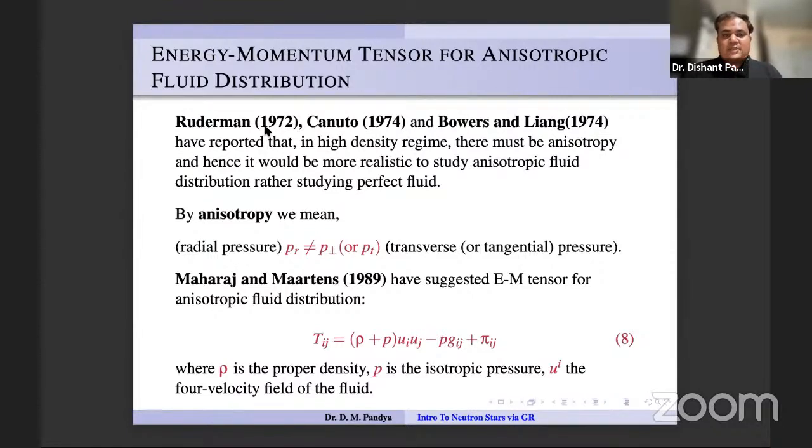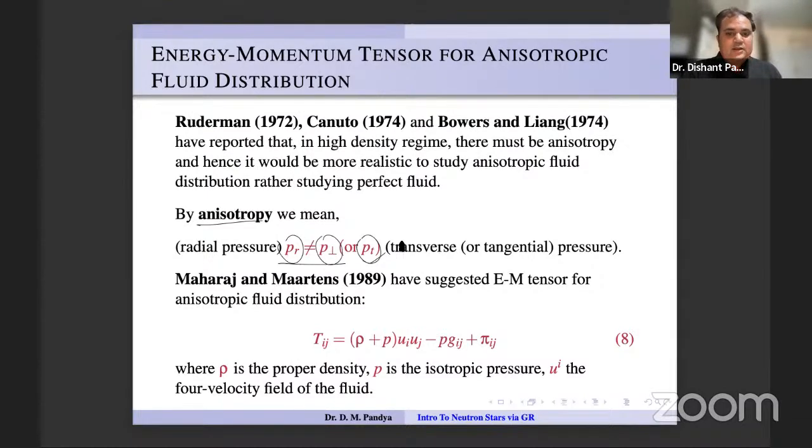Now why is there anisotropy? Because they found that at very high density, the density is so high that the radial pressure and the transverse pressure become different, and that is the reason anisotropy evolved here. The radial pressure P_r and the transverse or tangential pressure P_t, or P_perp, are different from each other, and hence now we need to take anisotropy into account.